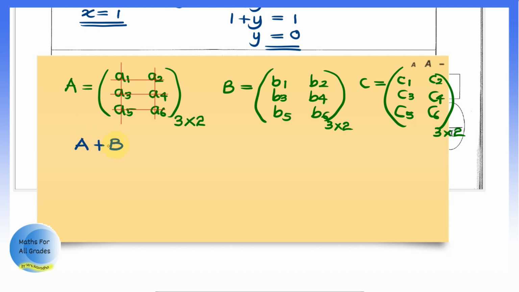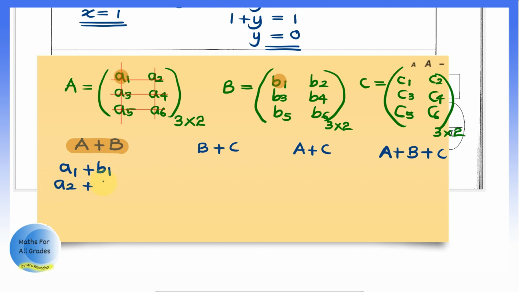You can add A plus B, or B plus C, or A plus C, or you can add all these 3 matrices together. So what happens when you add A plus B? Corresponding elements are added together. Therefore, we can add A1 value to B1, A2 value to B2 value. And what is the corresponding element to A3? It's B3. A4 plus B4. A5 plus B5.